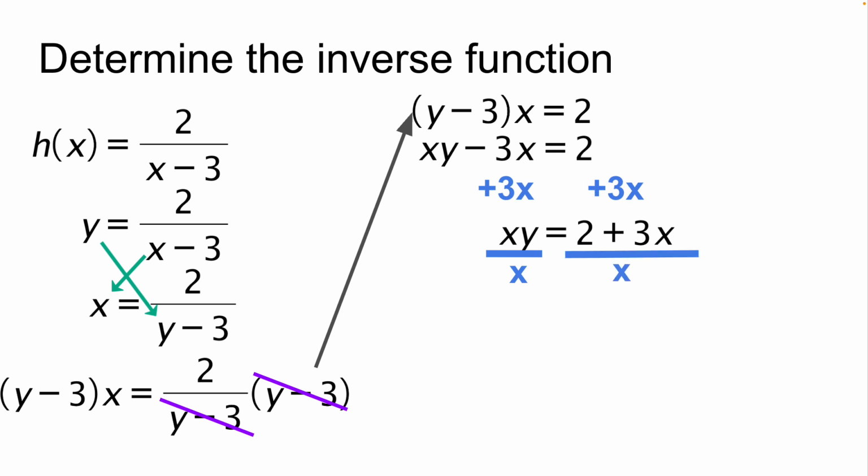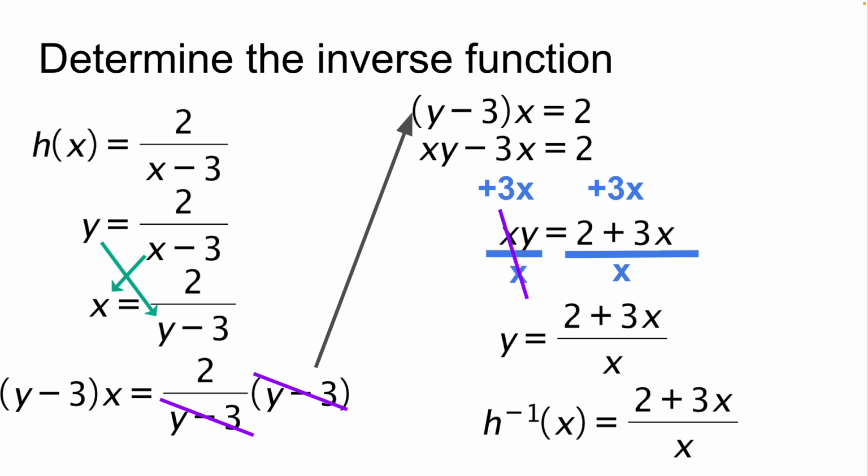What I do to one side, I need to do to the other, so I'm going to divide both sides by x. These will cancel the x's on the left-hand side. This leaves us with y equals the quantity 2 plus 3x divided by x. This cannot be simplified, so this is our inverse function. Let's call it h inverse of x is equal to the quantity 2 plus 3x divided by x.